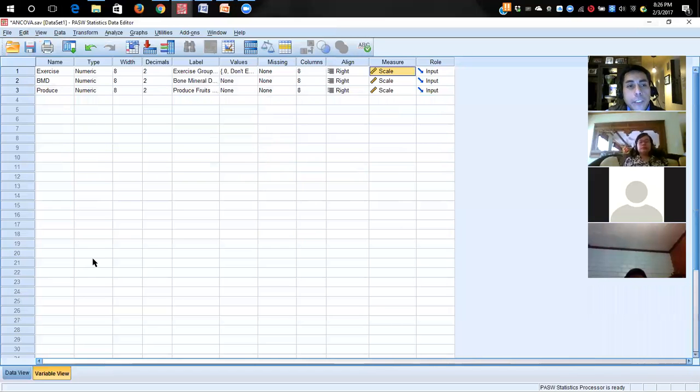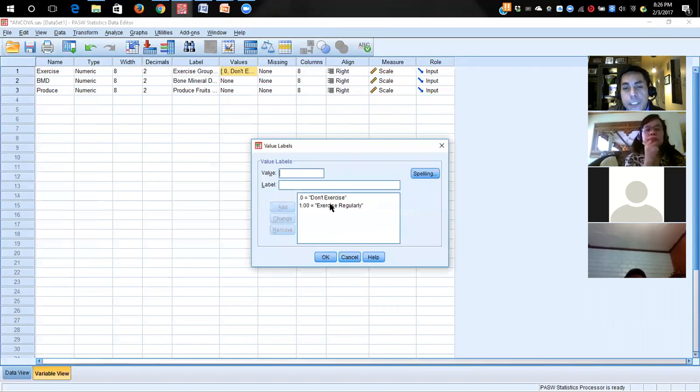And here's my ANCOVA. Here's my exercise. It has two groups. I said one group doesn't exercise, but it says here, this is the group that exercised 2 times per week, and then this is the 3 times or more per week.